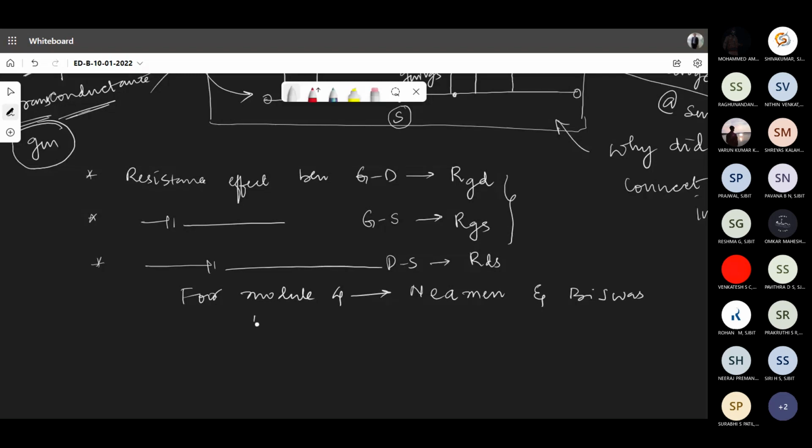The textbook title is Semiconductor Physics and Devices. This is the textbook that you have to get ready.